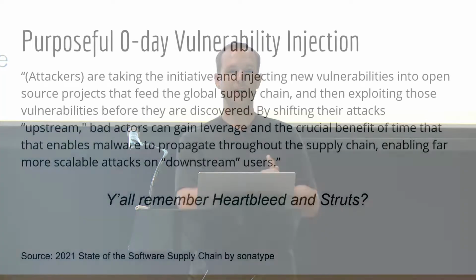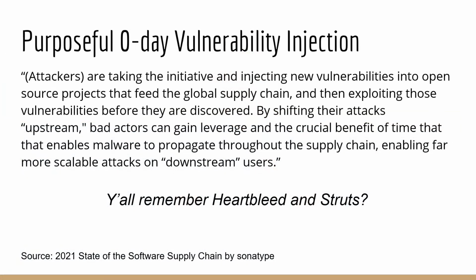So, purposeful zero-day vulnerability injection. Sid was talking about vulnerabilities that were not necessarily purposeful, but the 2021 State of the Software Supply Chain report by Sonatype states that attackers are more and more starting to inject zero-day vulnerabilities into open source projects that feed the global supply chain.